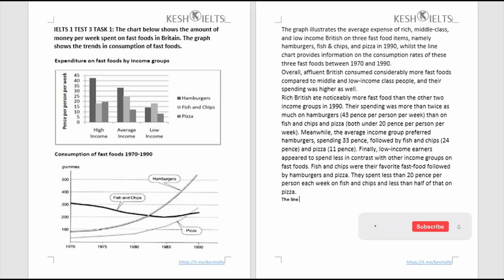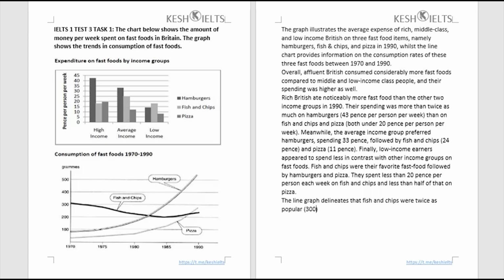Sorry about that. I'll fix it now. Alright, and the line graph, the line graph delineates that fish and chips were twice as popular. So I want to mention in here like a 300.